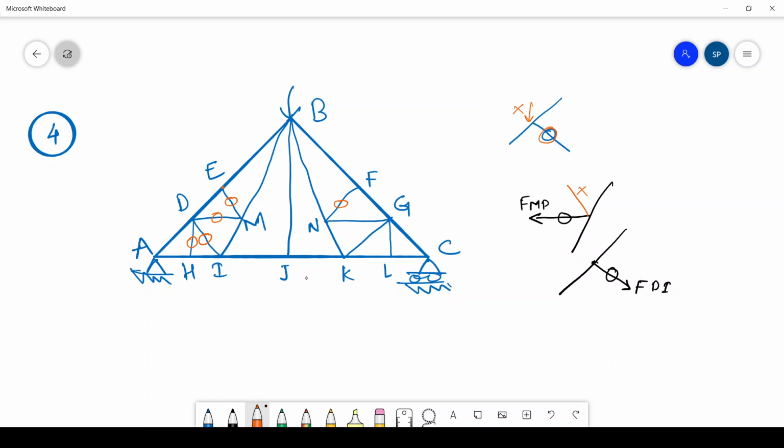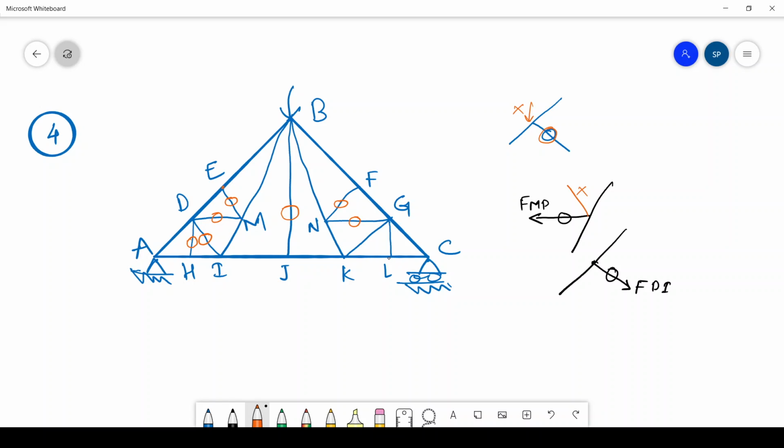Right? Then I move to joint J. So at J again this is an inverted T joint, this will become 0. Now similar to joint M, here you can do it for joint N. So as this NF has become a zero force member and there is no external load acting at N, this member force NG will be 0.